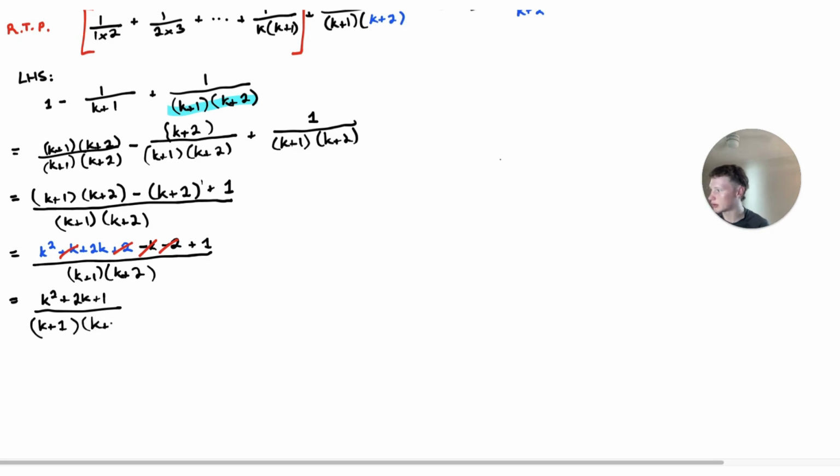We now want to factorize that quadratic. So our two terms have to multiply to equal 1, and add together to equal 2. It's just going to be k plus 1 times k plus 1. Like that.